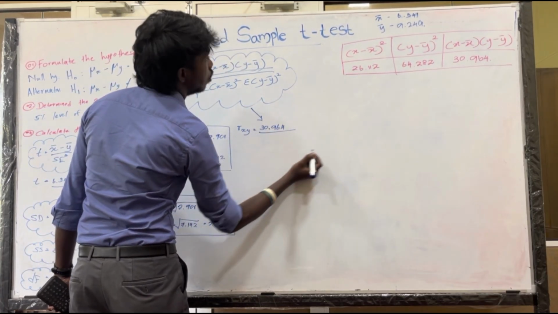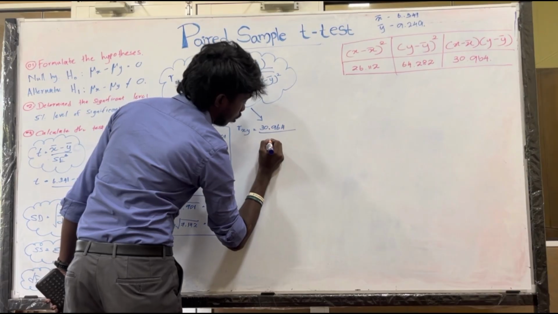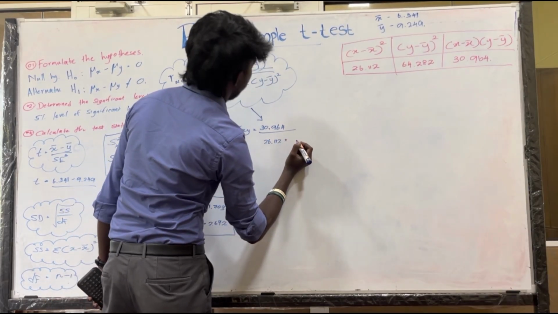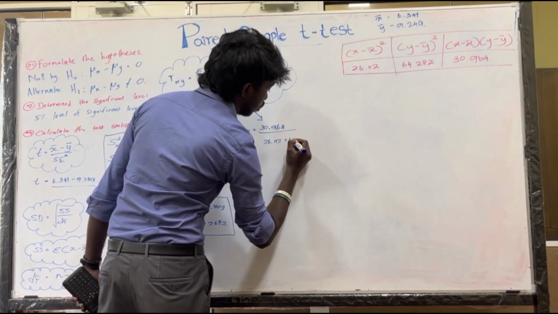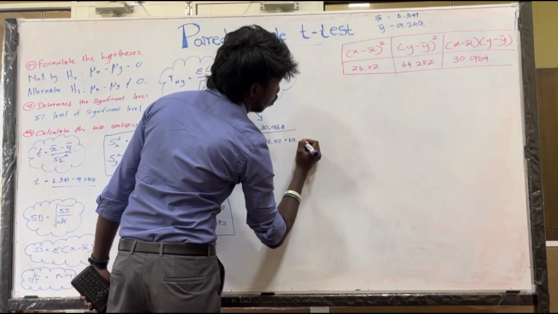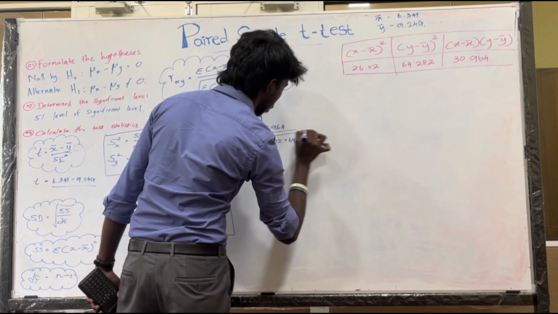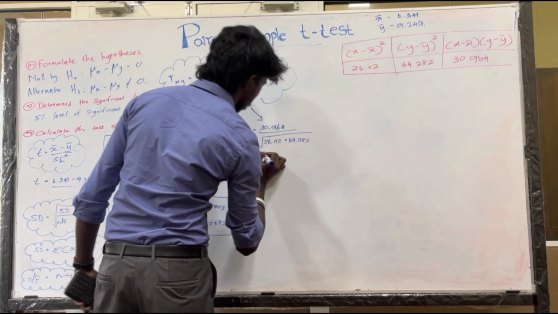This is the value: 26.112 multiplied by 64.282, and square root it.